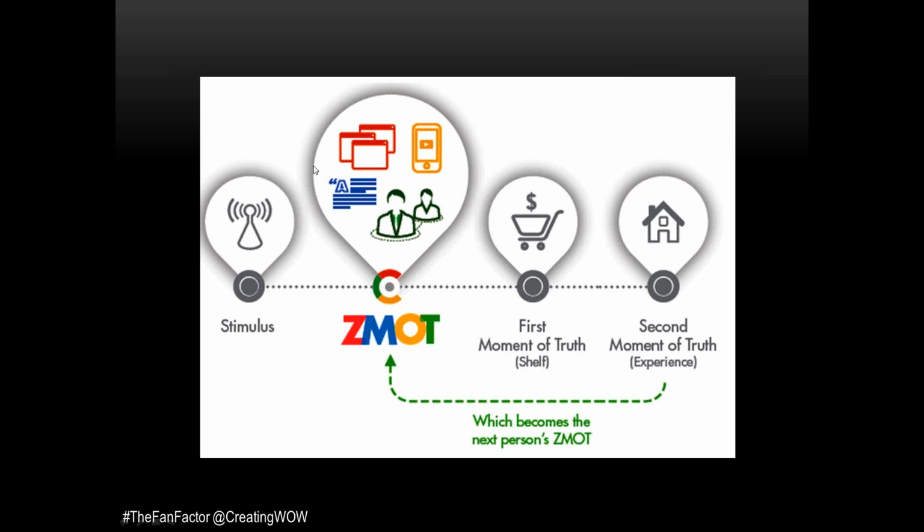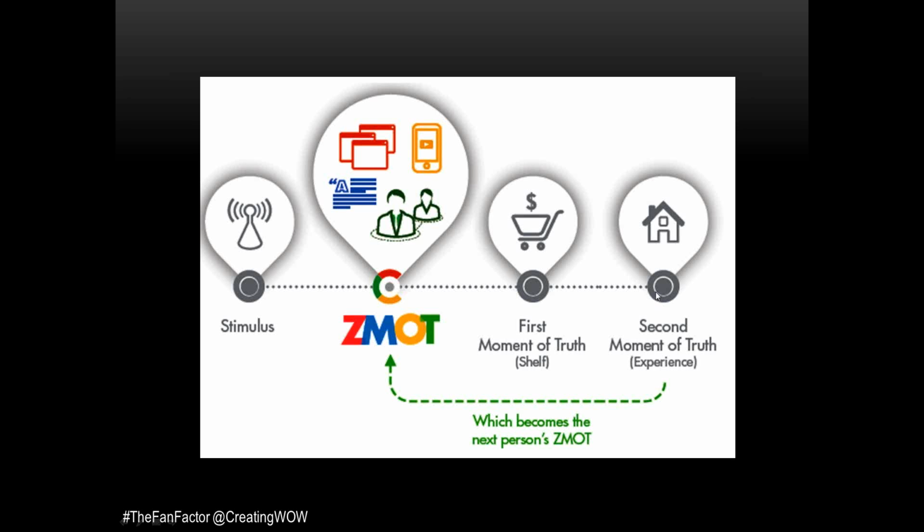Today, it happens online. And it happens online as others are having the experience, second moment of truth, and they put it on Facebook. Look, I got a new car at Robertson Honda. They were incredible. And as they post that photo of them holding the keys in front of their bright, shiny new car.